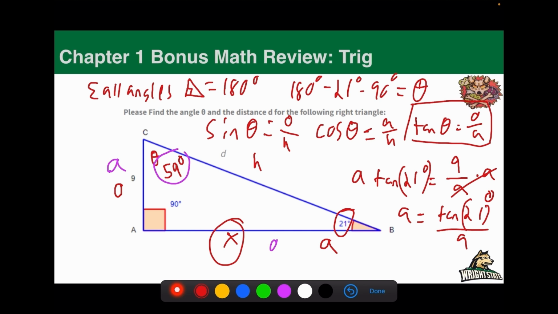So basically, I will never multiply a 21 by anything if it's an angle. I'm always going to put it into a trig function first. So tangent and sine and cosine make those measurements into numbers out of a function. So tangent of 21, according to my calculator, is 38.3. Divide that by 9.